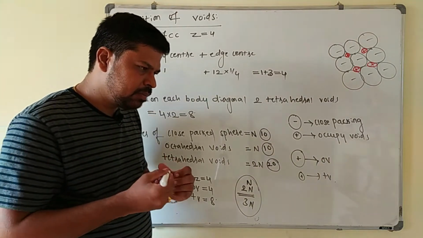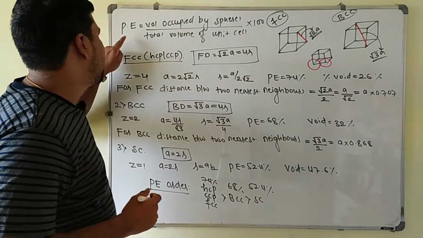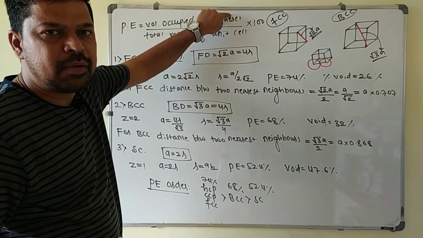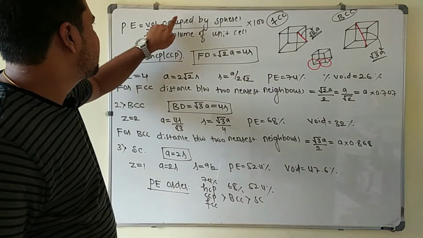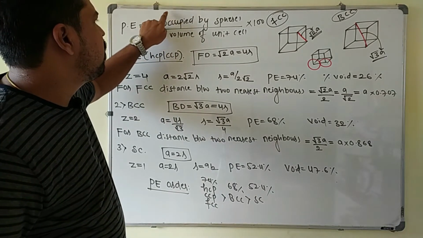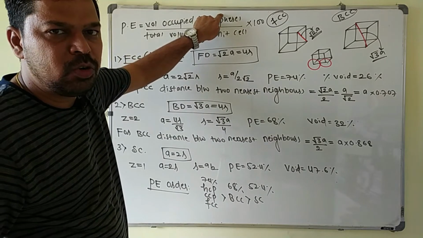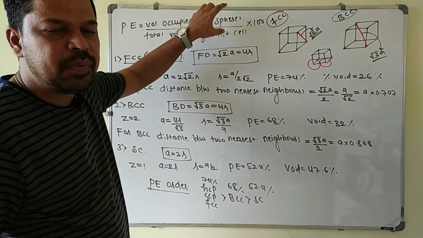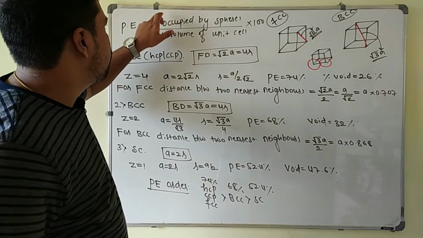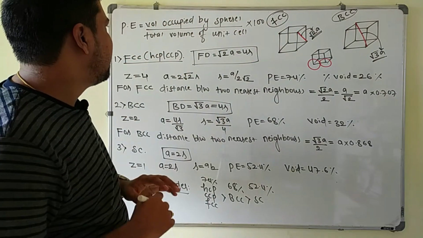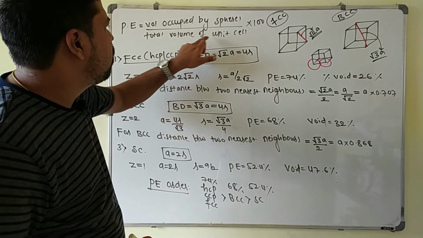The next important point is packing efficiency. Packing efficiency is equal to the volume occupied by the spheres present in the unit cell. For a simple cube you take the number of spheres as 1, for BCC 2, and for FCC 4. So you take the volume occupied by 1 sphere, 2 spheres, or 4 spheres, divided by the total volume of the unit cell.